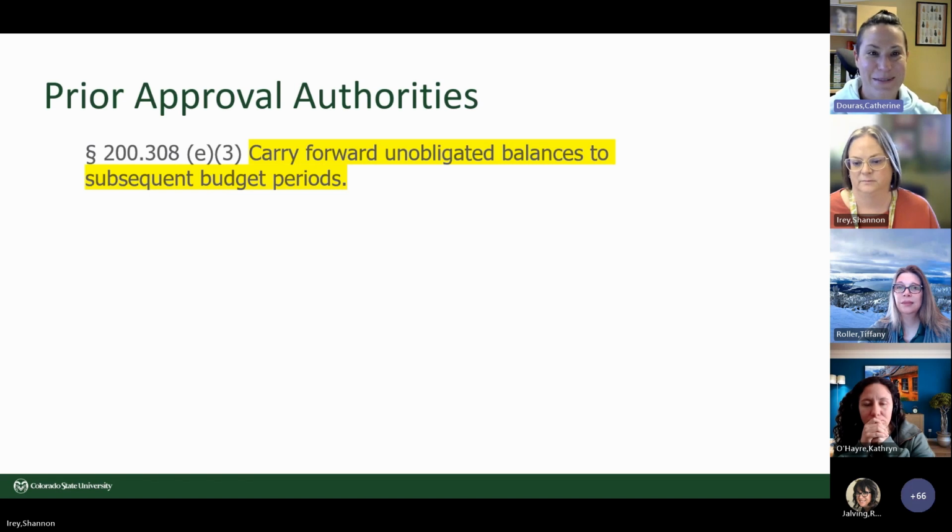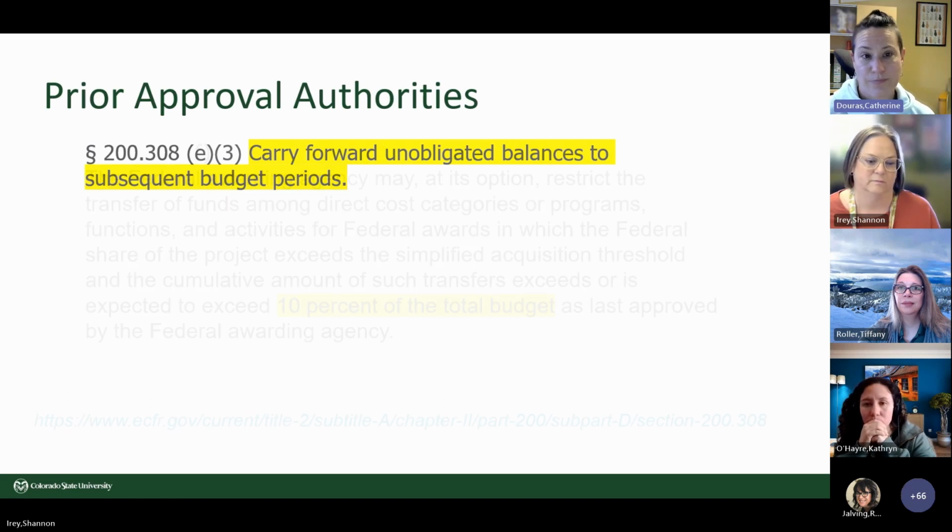So sometimes you have to dig a little bit for it. Just because you have multi-year funding does not mean that you will have this expanded authority. So that's something to be very careful with. And this is one of the terms and reports that you can see on RPS hits on prior approval. So again, that's a starting place to look at, and then ask your SRA if you have more questions.